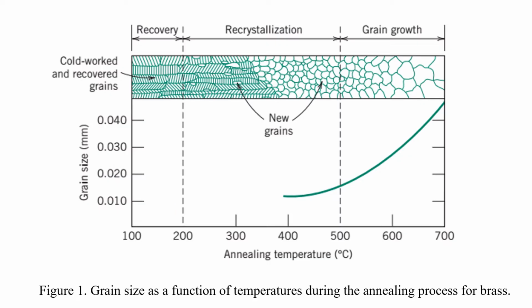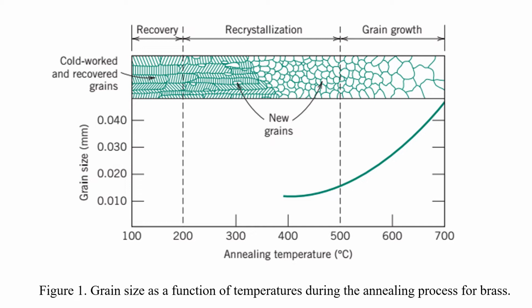In the recovery stage, some stored strain energy is relieved by dislocation motion as a result of enhanced atomic diffusion at the elevated temperature. There is some reduction in the number of dislocations.